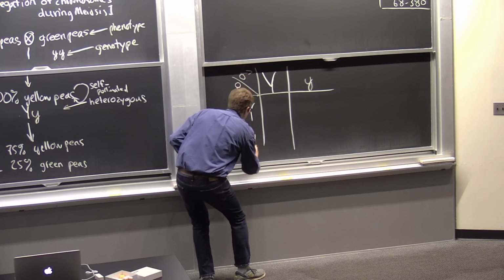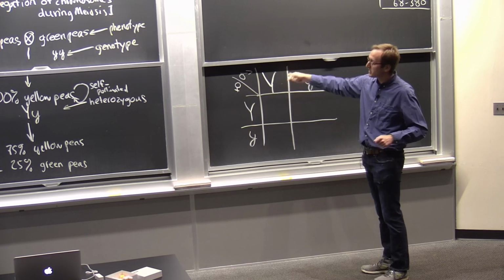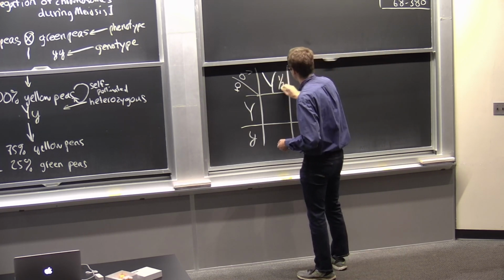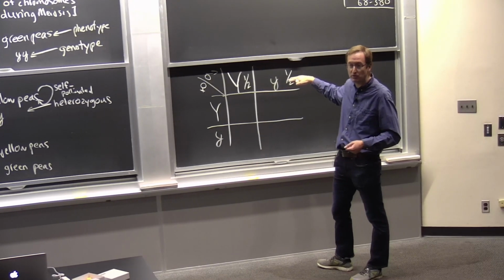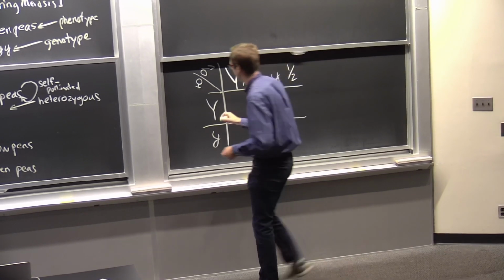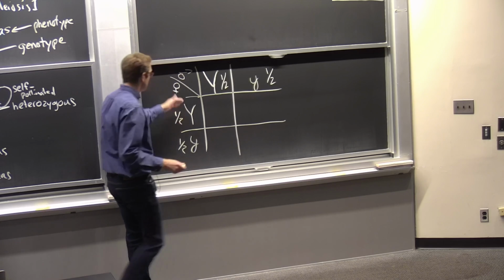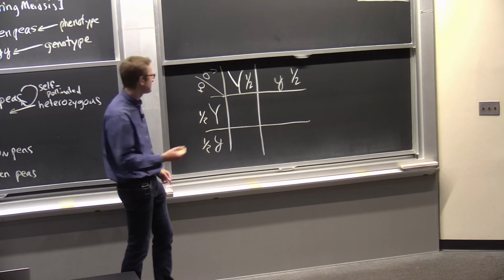So this would be the female here. And because they're separating, there's a 1/2 probability of having either the capital Y or little y allele for the male, and there's also a 1/2 probability of having either of these alleles for the female, okay?